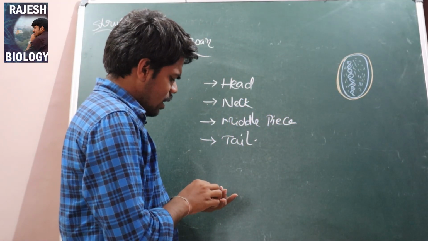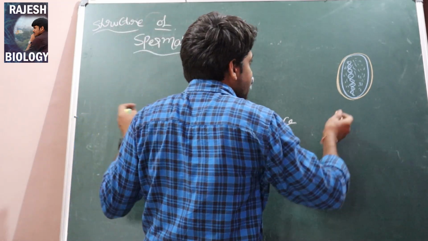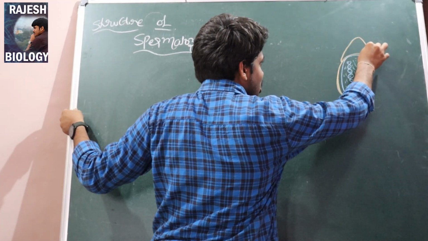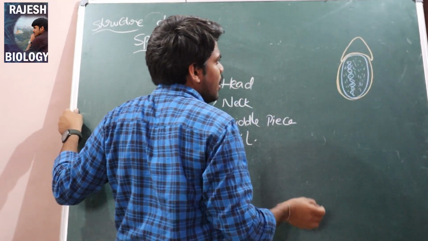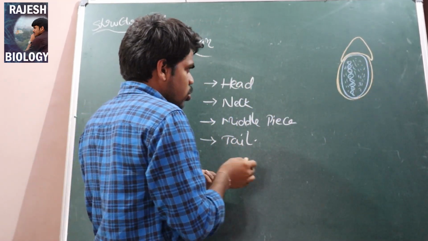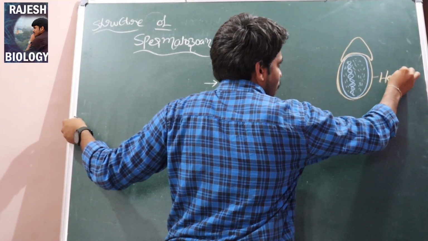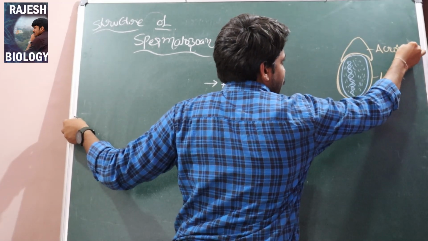And then next, above the head there is a cap-like structure. This cap-like structure which is present above the head is called the acrosome.